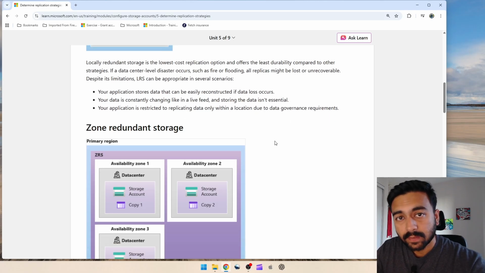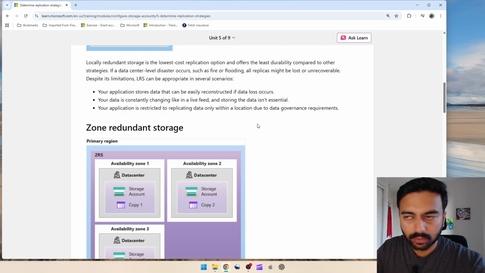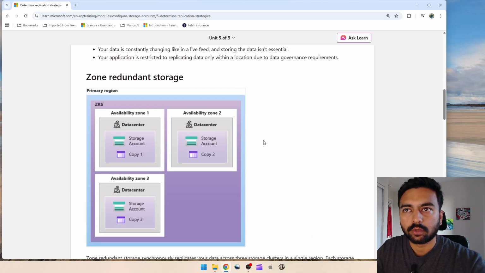So your organization requires you to only store your data within one data center, and it cannot be stored within multiple regions or even locations or zones. That's what you can use LRS for.